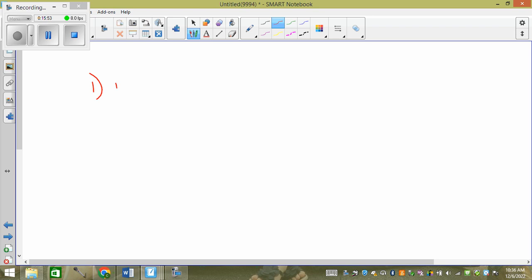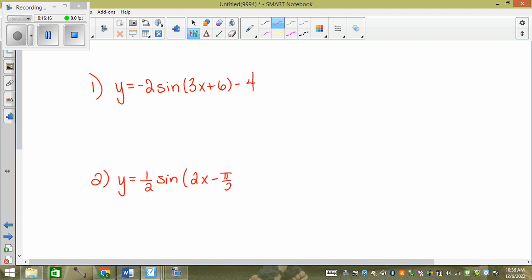The first one is going to be y equals -2 sine 3x plus 6, minus 4. The second equation is going to be y equals 1/2 sine 2x minus pi over 2, minus 5.